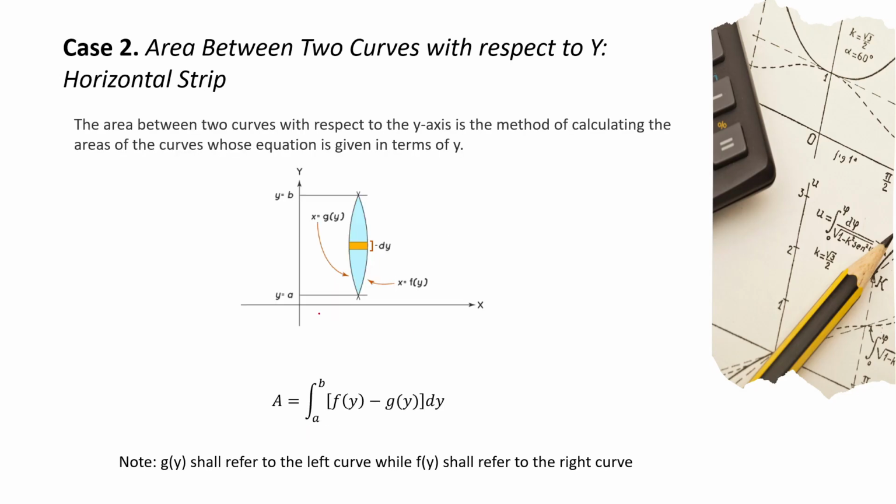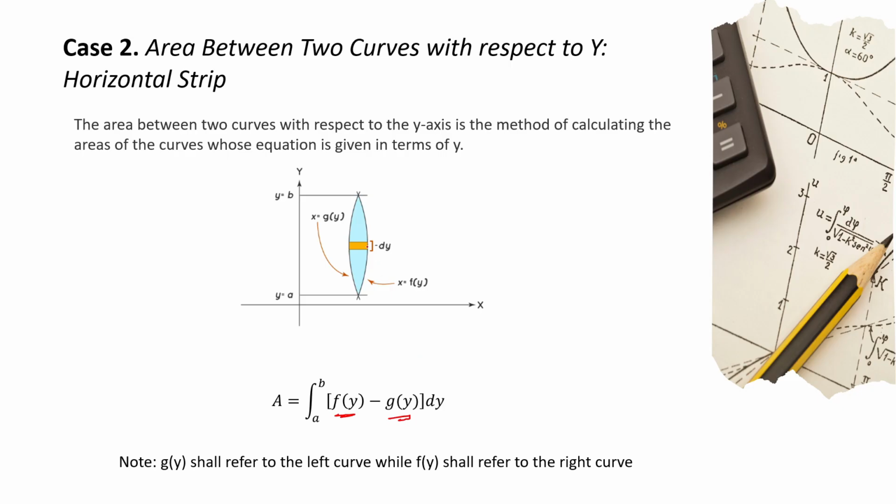So this is case number one, using the vertical strip. And case number two, area between two curves with respect to y. So the horizontal strip. The area between two curves with respect to the y-axis is the method of calculating the areas of curves whose equations are given in terms of y. So all the functions are in terms of y.